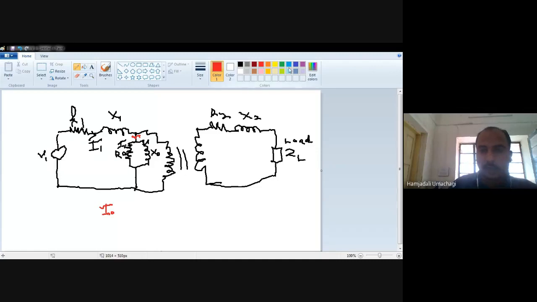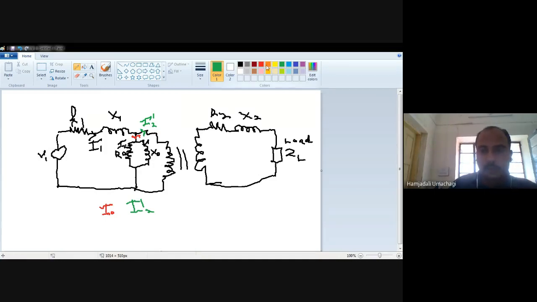Okay, and now I will show green color. So this green color, whatever it is showing flowing now here, this is current I2 dash. So that is I2 dash. Then comes what?